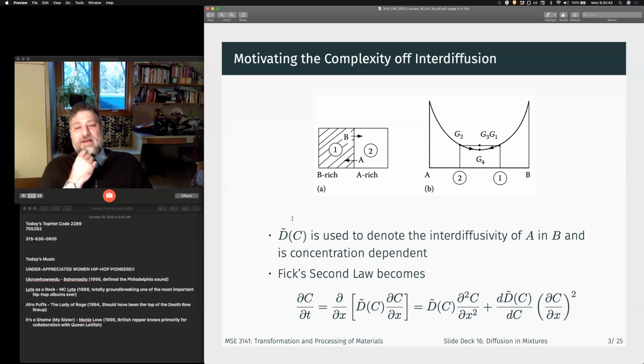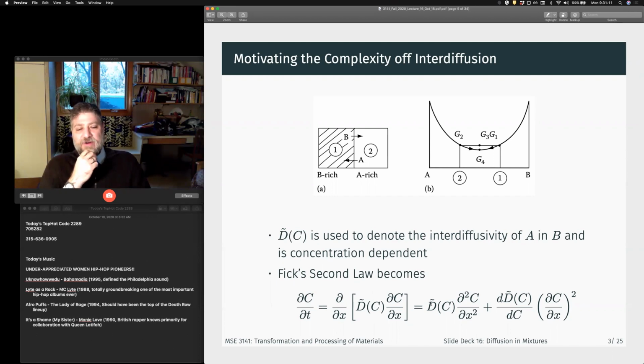So if we have this d tilde term that we'll define much more carefully later, we'll call this the interdiffusivity of A and B. And it's going to be concentration dependent. So that means Fick's second law, before we pulled the diffusivity out. We said the diffusivity didn't change much with concentration, but now it does.